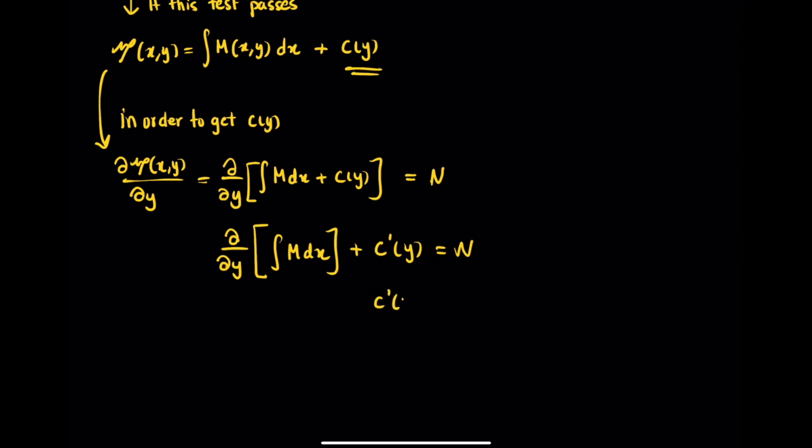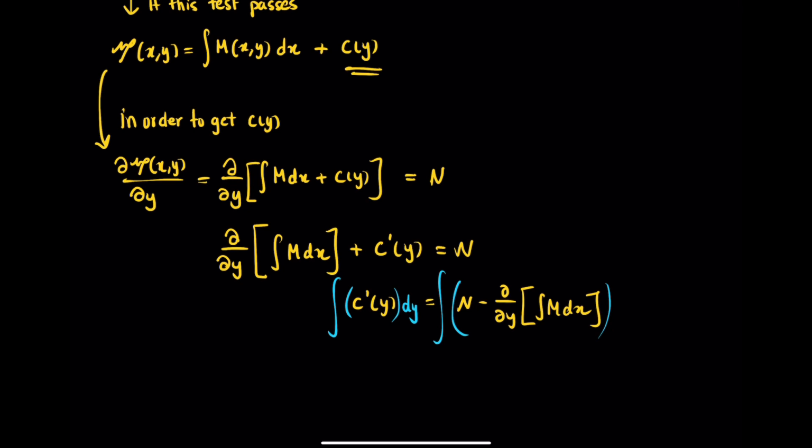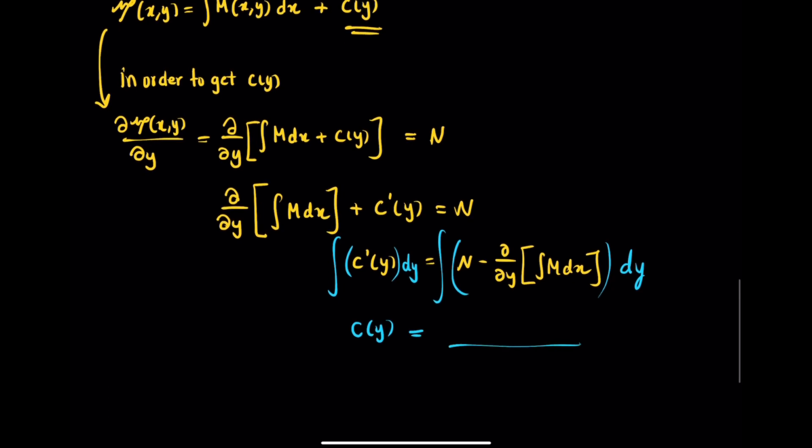And so therefore we would solve for c prime of y. So c prime of y equals N minus this monstrosity, right? Then this and this become their own thing. Then we take the integral with respect to y to find c(y), right? So c(y) would be some function given by this integral plus some constant.